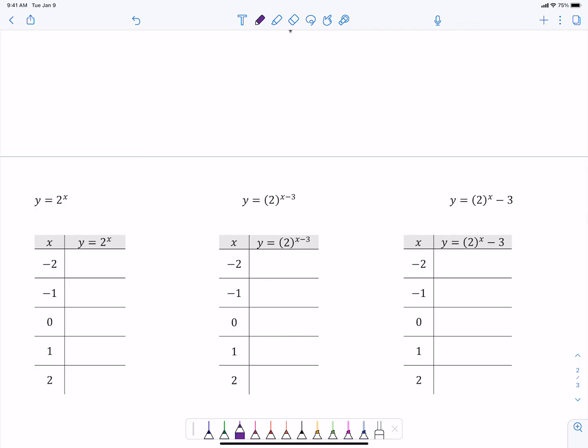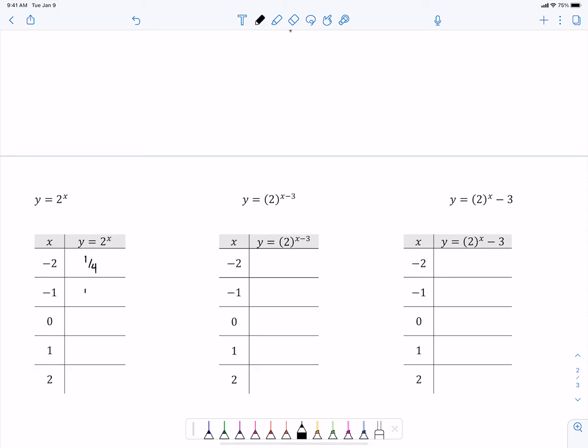So again, we've got our parent function here, and I can fill this table out really quickly because we just did it on the previous slide. And so when we're doing 2 to the x minus 3, we've got to do that subtraction before we make that our exponent.